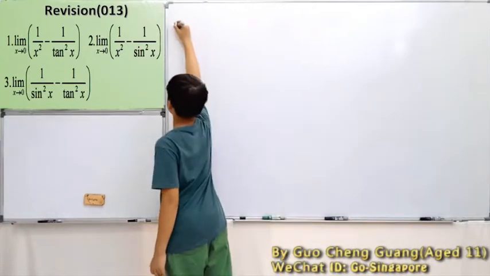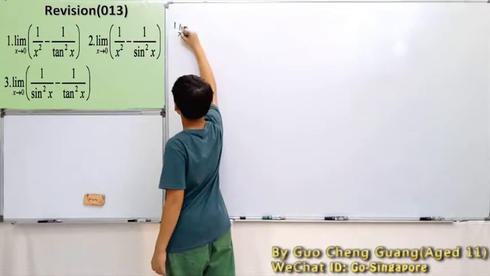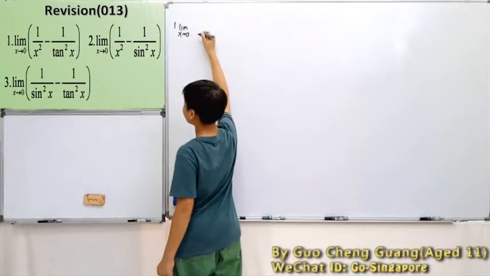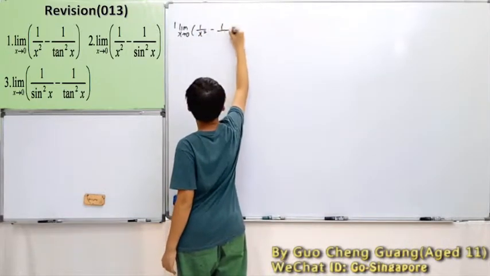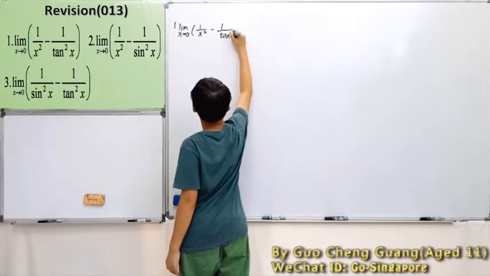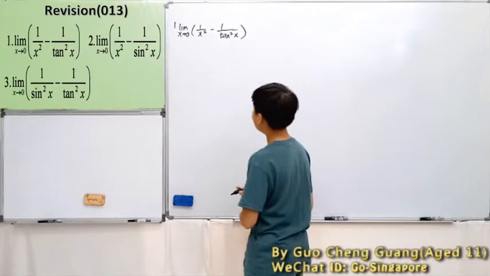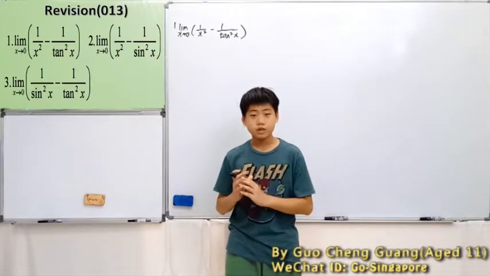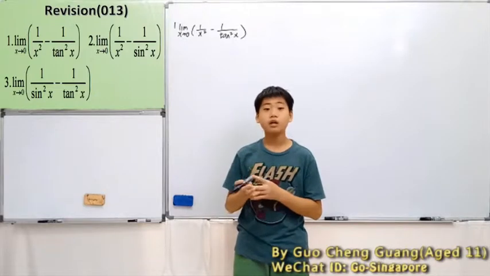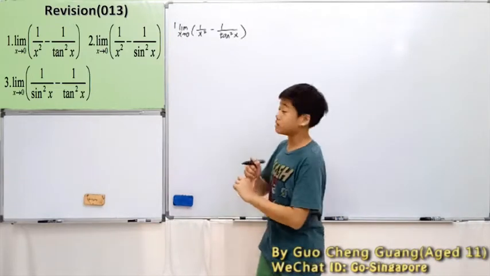For the first example, we have the limit as x approaches 0 of (1 over x squared minus 1 over tangent squared x). This is the first example that we have. We first have to check which type of form it is, determinable or indeterminable.